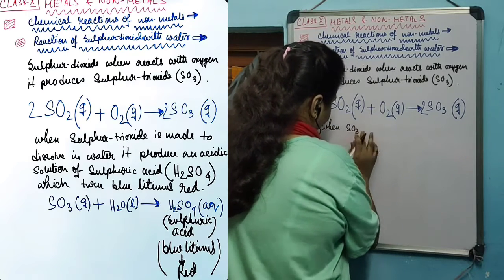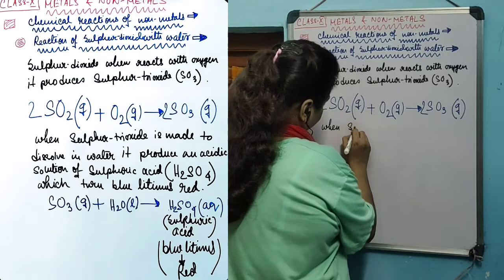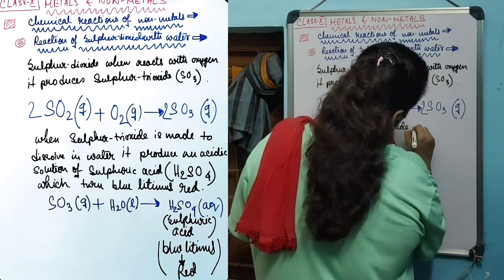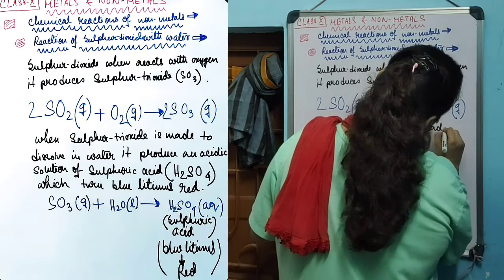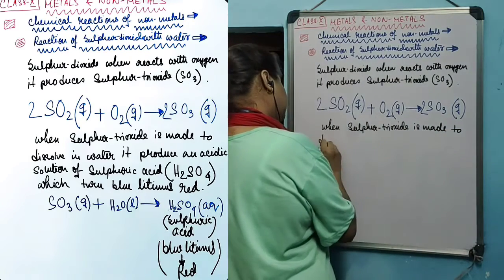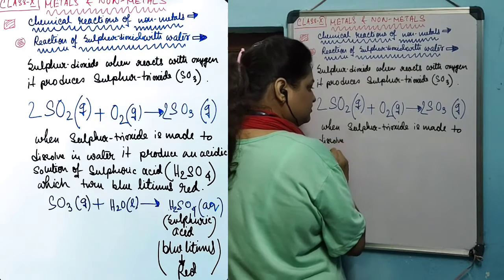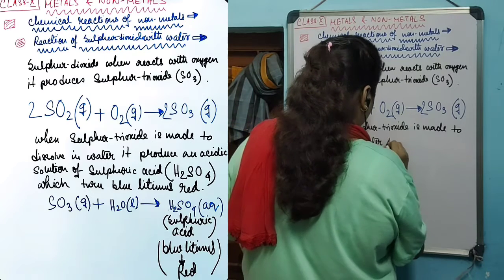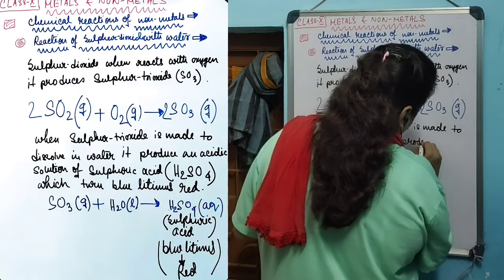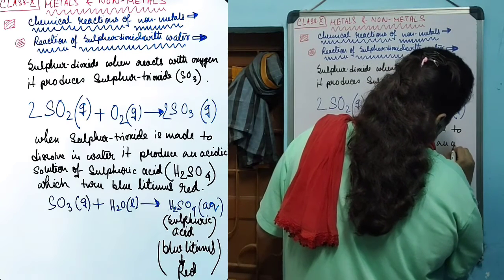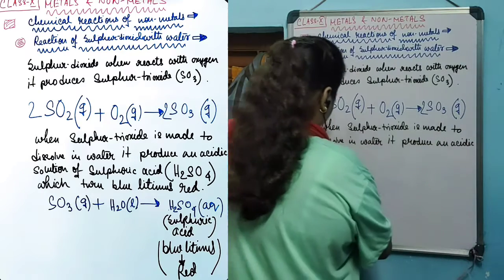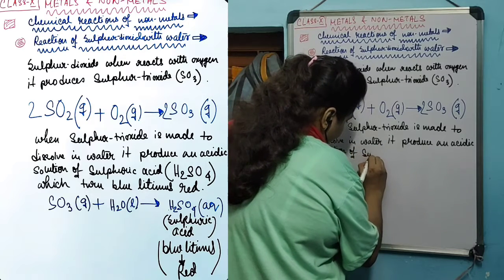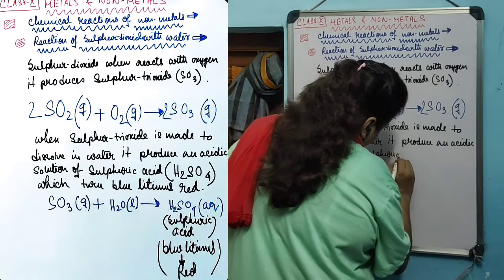When sulfur trioxide is made to dissolve in water, it produces an acidic solution of sulfuric acid.